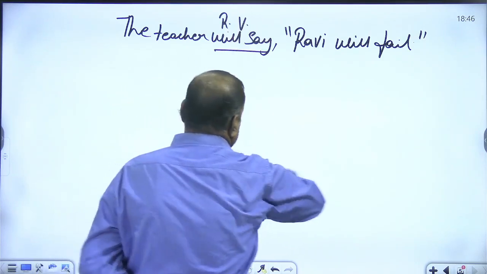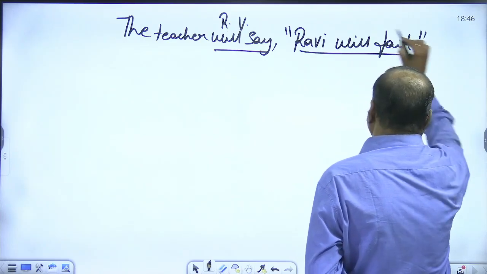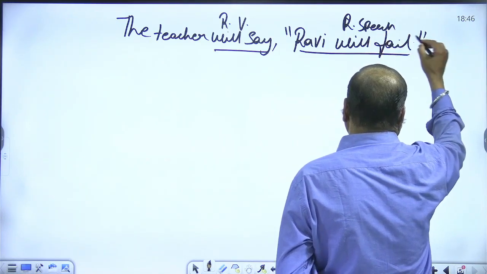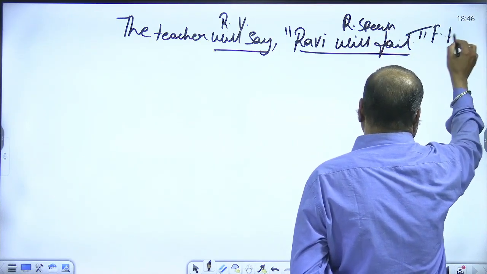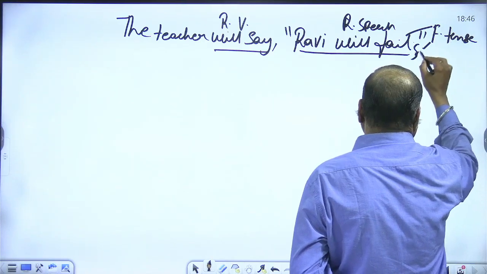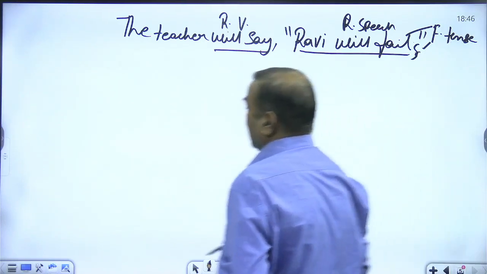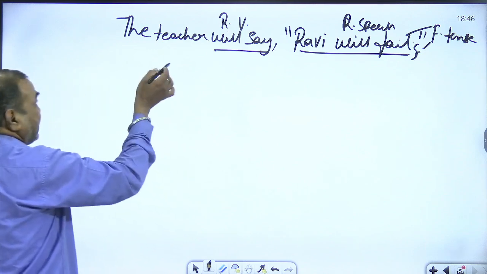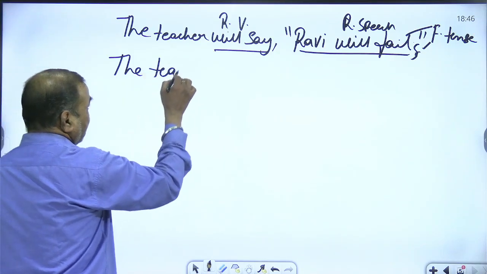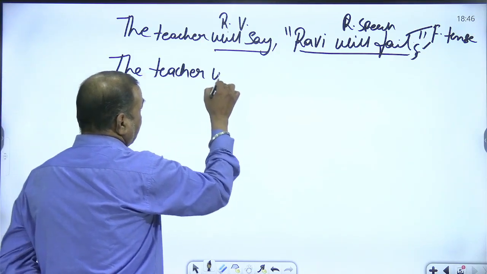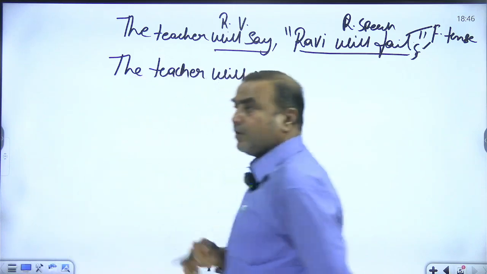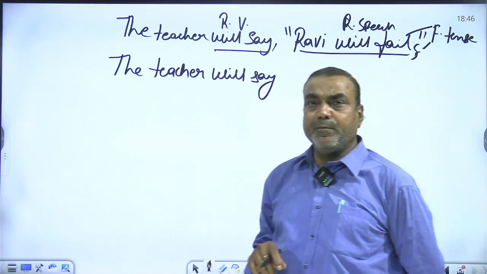Now Ravi will fail is your reported speech, and it is in simple future tense. So how do we change it to indirect speech? The teacher will say, will remain same.